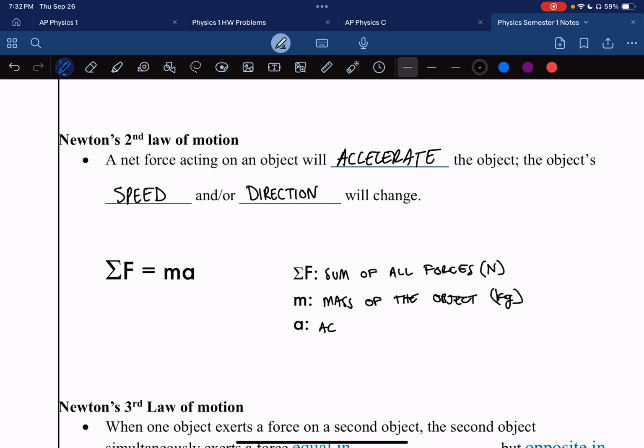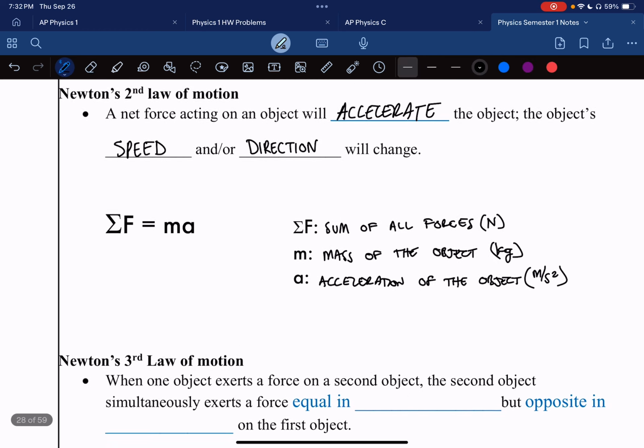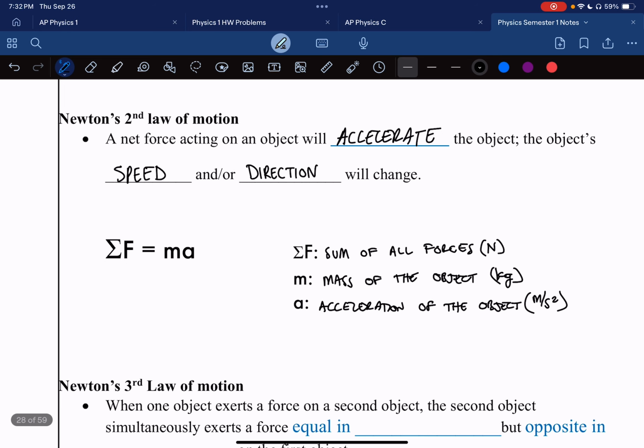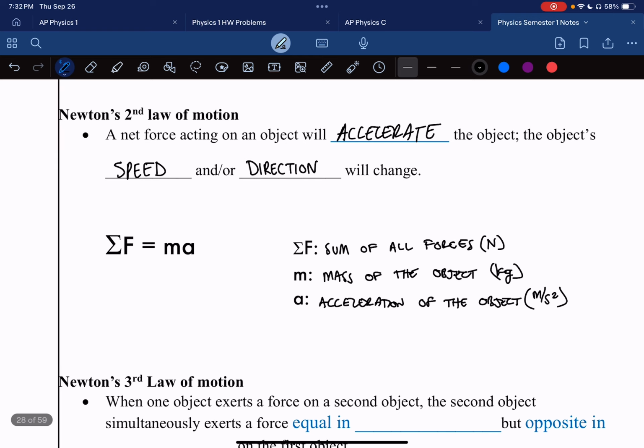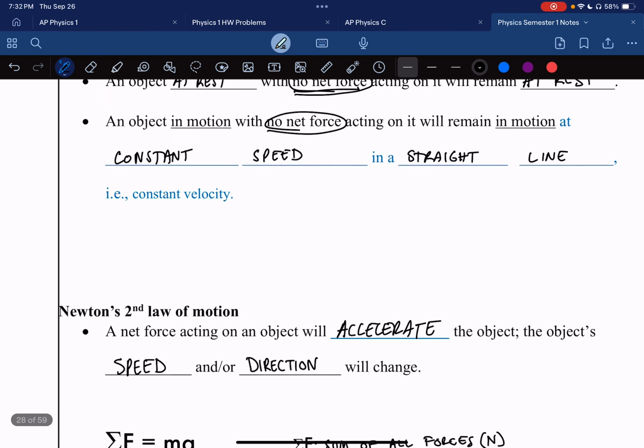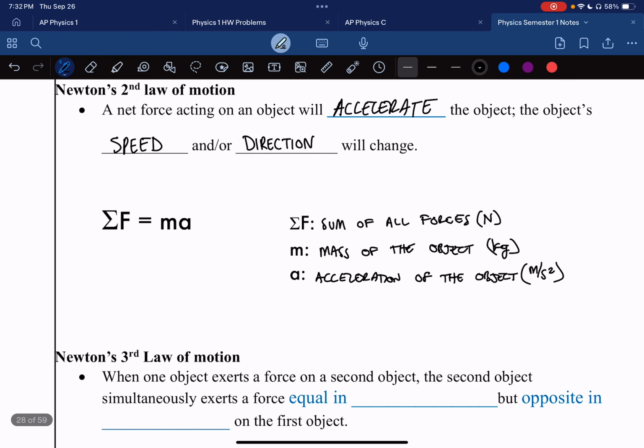And A is the acceleration of the object, which is in meters per second squared. Cool. We'll spend many days working with Newton's second law, more so than the other laws, so we'll get plenty of practice with that one.